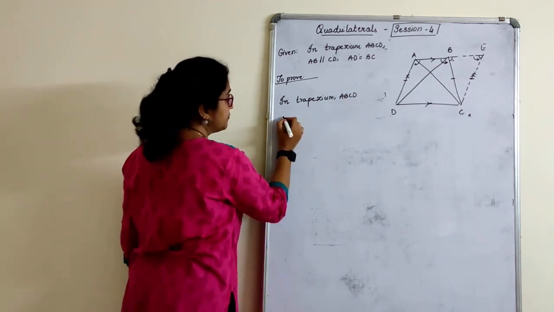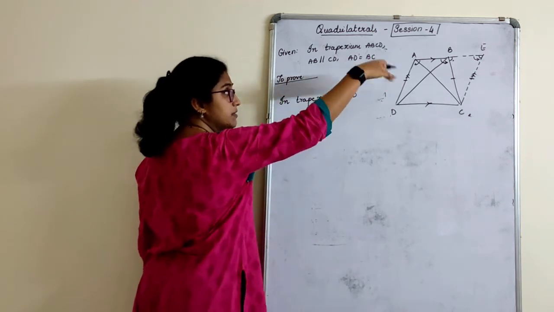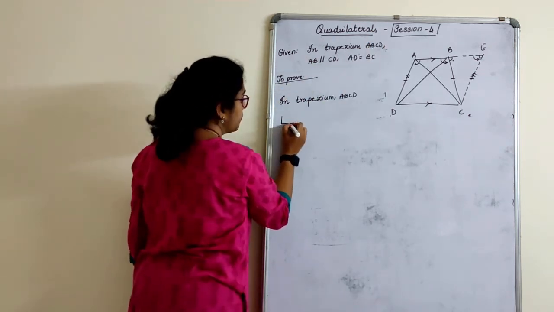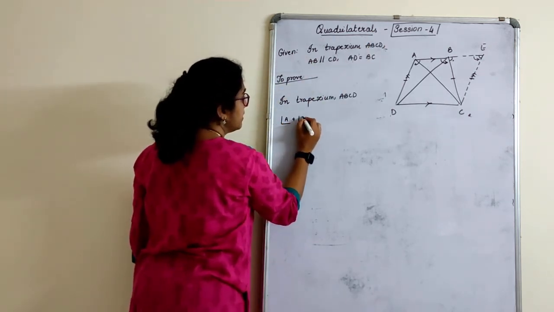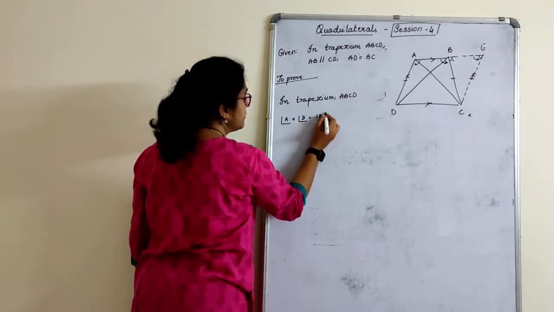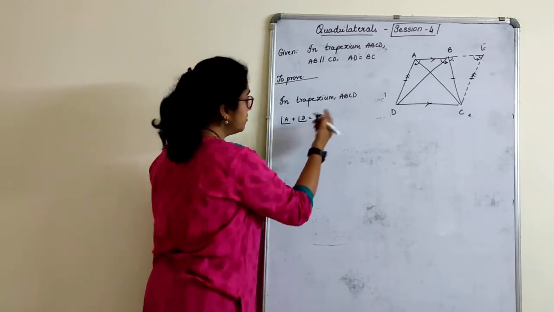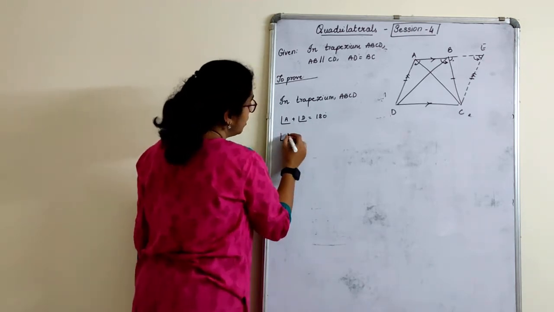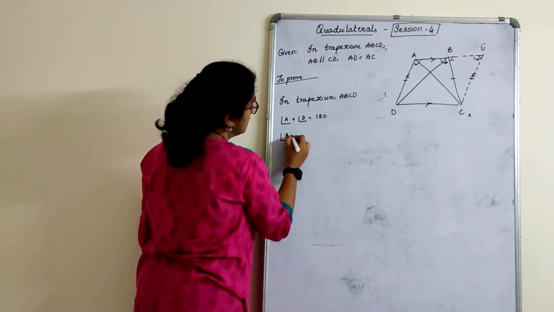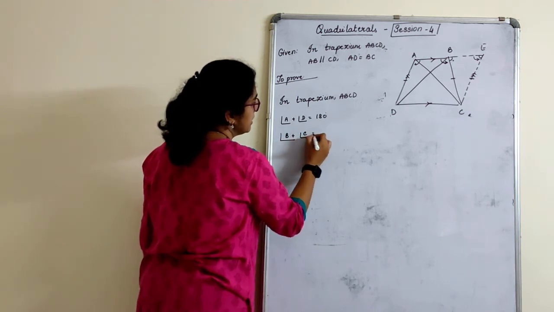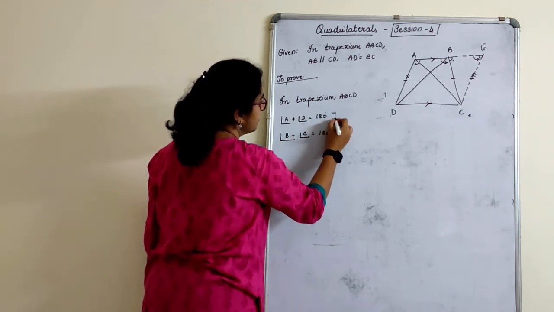We know that, right? That's why I have written in trapezium. We will not consider the triangle part now. Angle A plus angle D is equal to 180. Which equations did we finish there? Equation 1 and 2. The next equations you can name here. Angle B plus angle C is equal to 180.